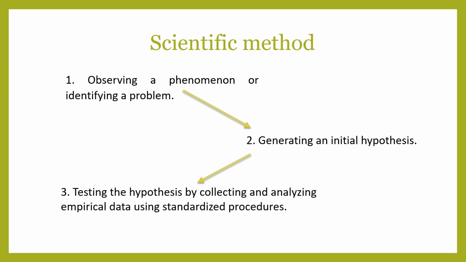First of all, we have to remember that every scientific work has to follow a specific method, that is the scientific method. This is composed of 3 stages. The first one, as you can see, is observing a phenomenon or identifying a problem.